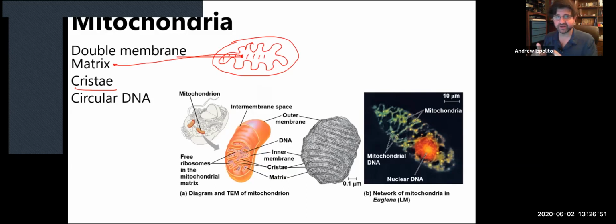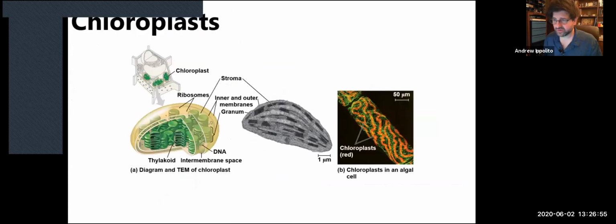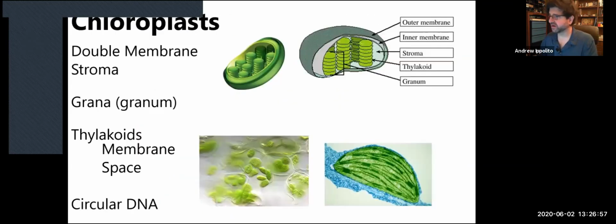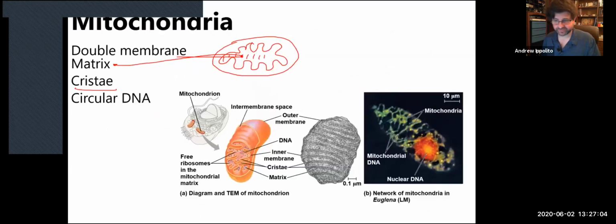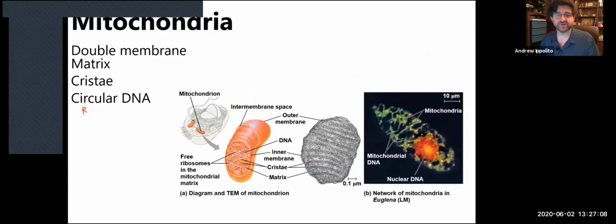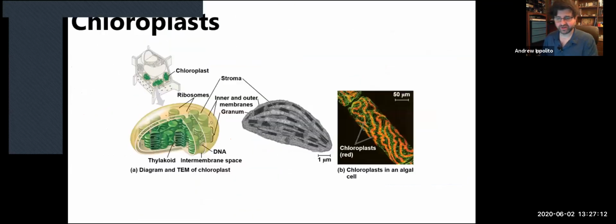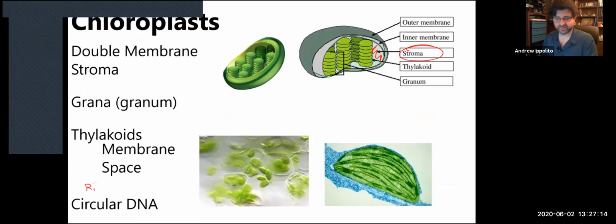The analogy being the stroma right here. The stroma is the fluid compartment of the chloroplast. The matrix is the fluid compartment of the mitochondria. Okay? You can add ribosomes here too. Actually, you can add ribosomes to this list here too.